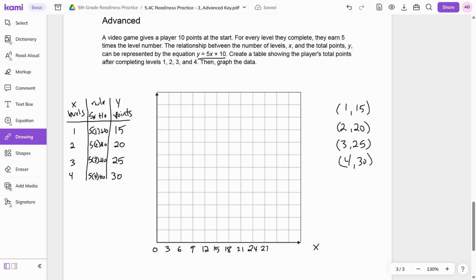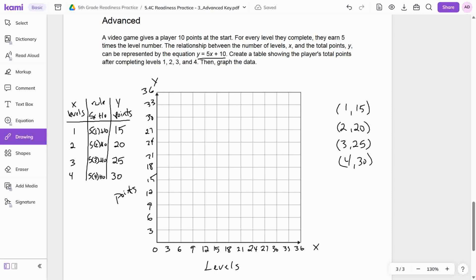If possible, I like keeping them the same, but there's not really anything wrong with making them different. And my x value, let's label that. That's the levels. And my y value, that is my points. And so we're going to skip count by 3s. That's 15, 18, 21, 24, 27, 30, 33, and 36.